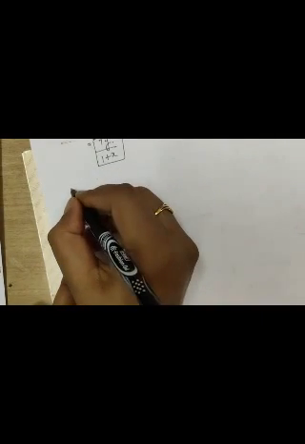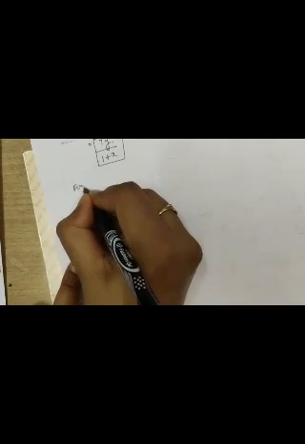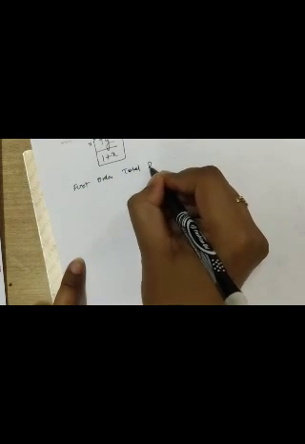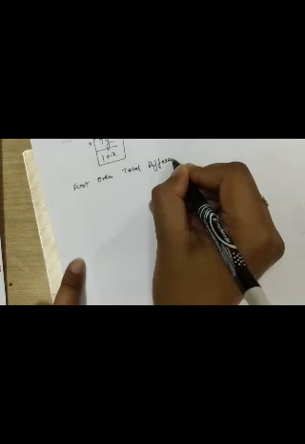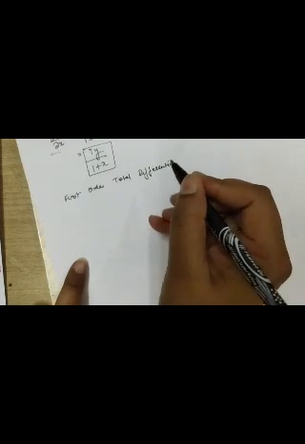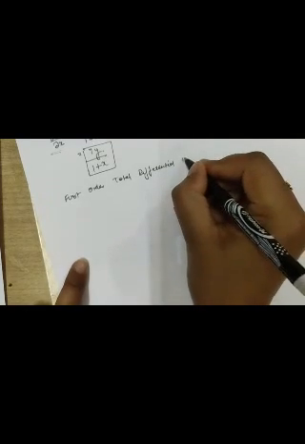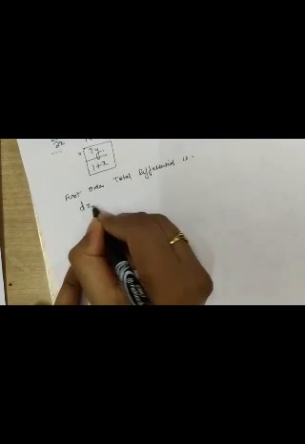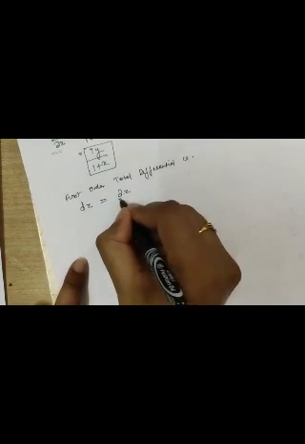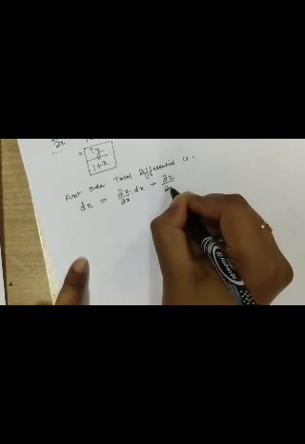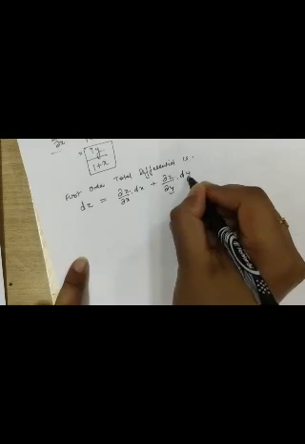First we calculate the first order total differential, because the question says that you have to calculate the first and the second order total differential. So we apply dz is equal to delta z by delta x into dx plus delta z by delta y into dy.